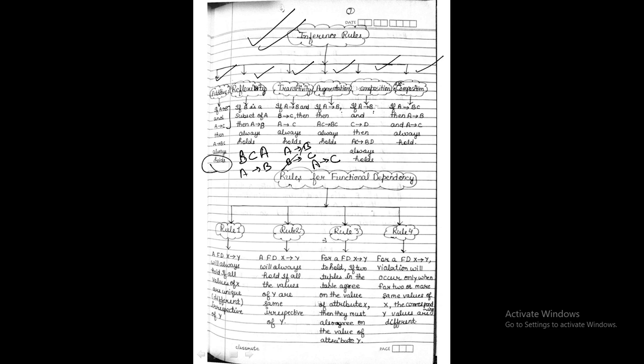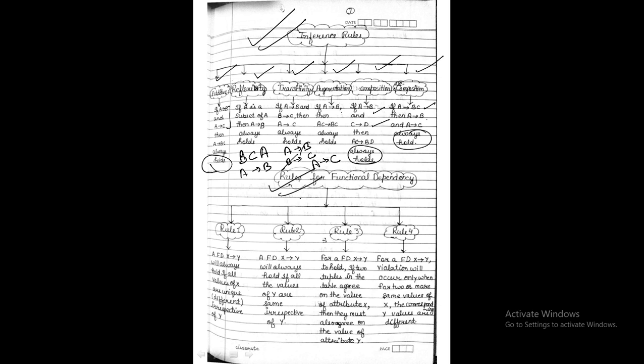Composition means if A implies B and C implies D, then AC implies BD always holds. Decomposition means if A implies BC, then you can say A implies B, A implies C. You can separate. That always holds. These are the inference rules.